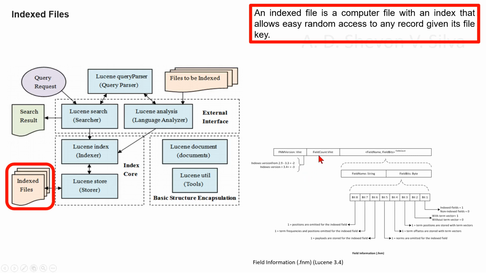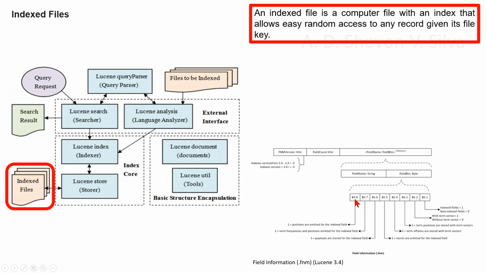Next we can see the field count vint, and next the field name and field bits. The field name is a string. This section consists of the field name string and the field bits byte.